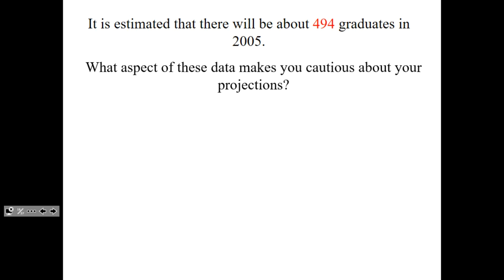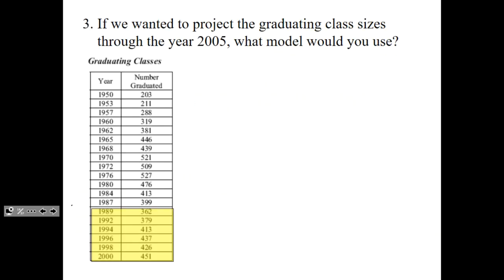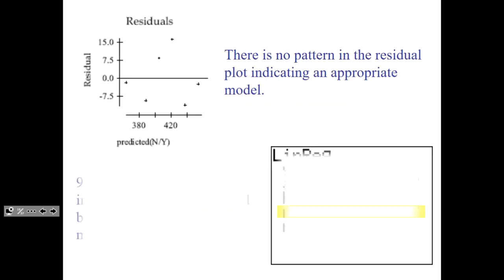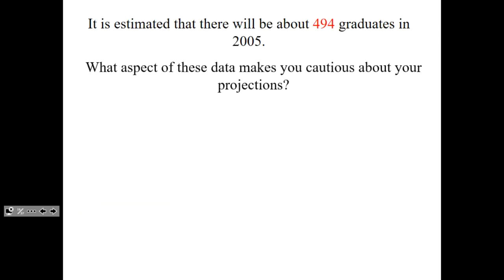Now, there are some aspects of the data that should cause me to be cautious about this prediction. So go ahead, think about what we've got. Look at that data. What could cause me to be a little cautious in how strongly I want to make that prediction? Well, if you remember, only 6 points of data in there, and I'm extrapolating.